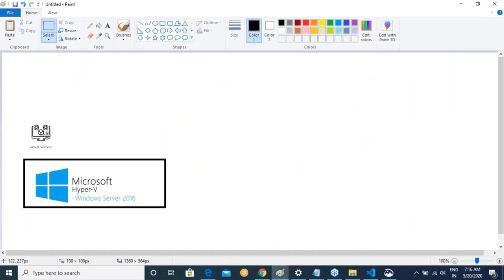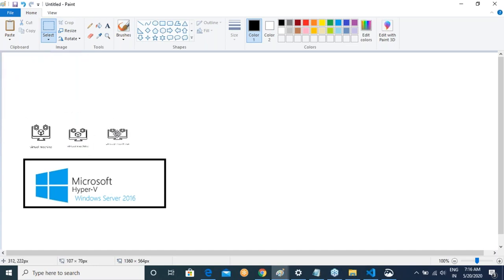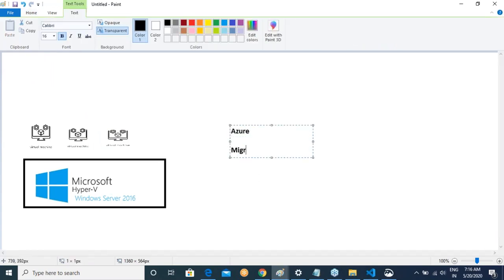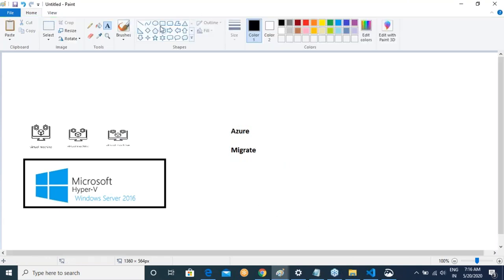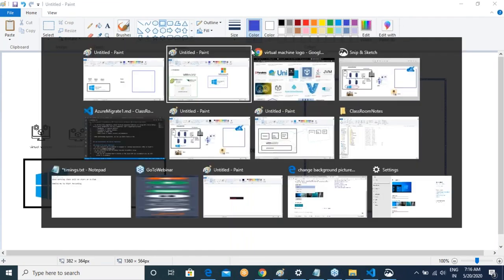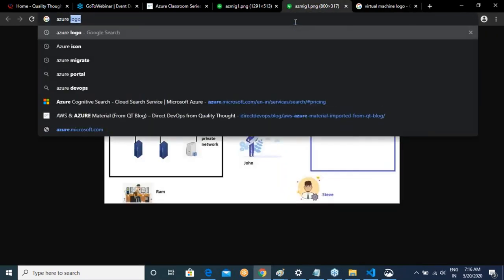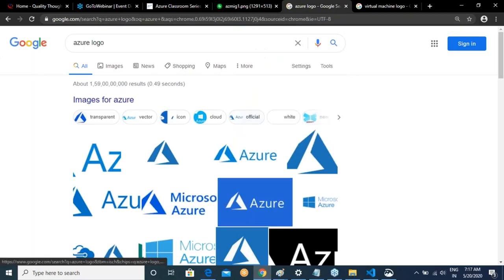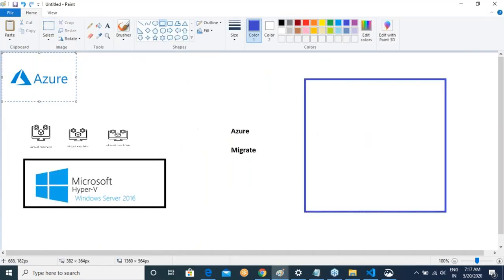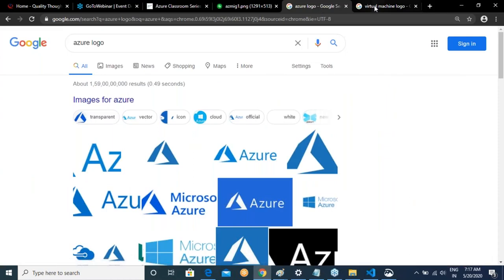Then I'll use Azure Migrate basically to have the setup on Azure, and on Azure I will try to create virtual machines.